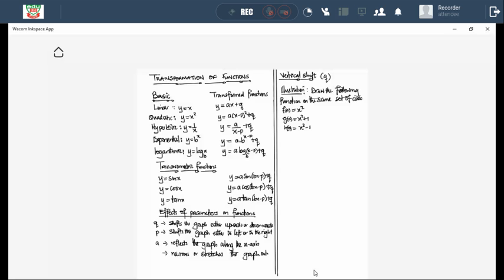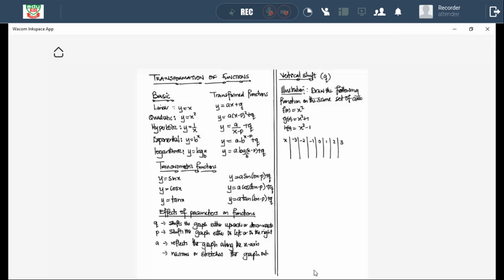Look at this. I'm going to work with a table of values. X is minus 3, minus 2, minus 1, 0, 1, 2, 3.